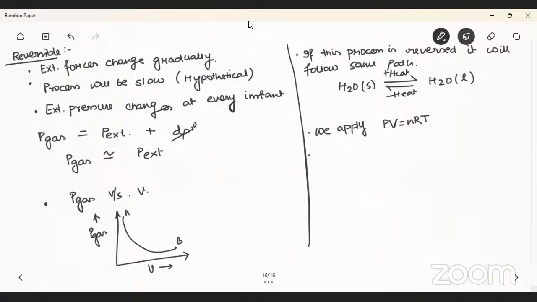In a reversible cyclic process, the system as well as the surroundings are restored to their original position. This is another important point: this happens only if the case is reversible.